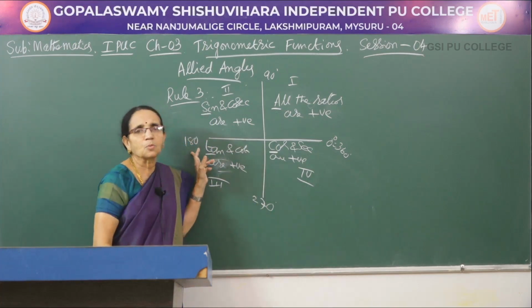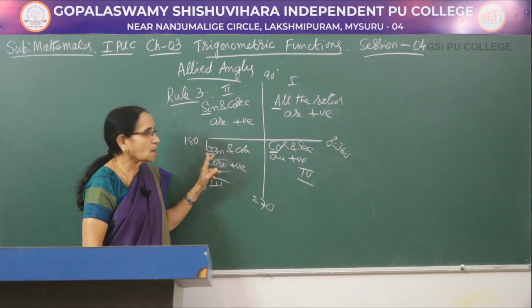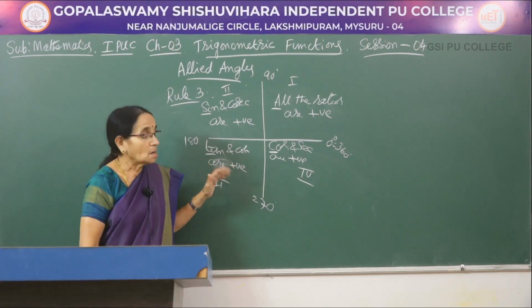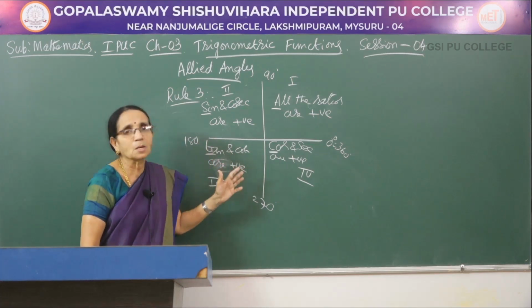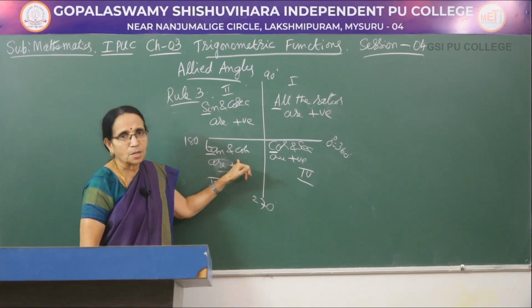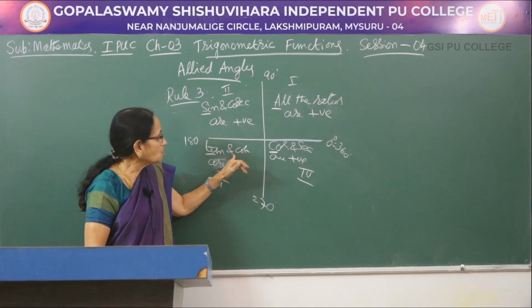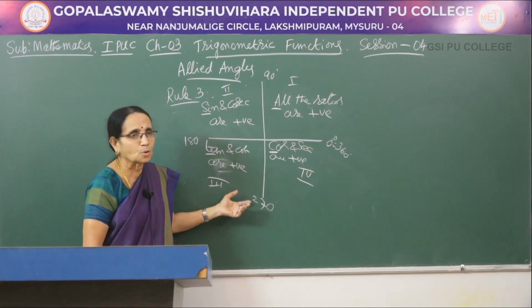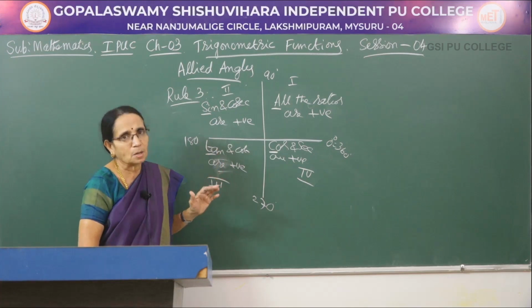If the angle lies between 180 and 270, tan of some angle and cot of some angle would be positive. All the remaining would be negative. Suppose I take sine of 240 degrees or cos of 215, some angle which lies between these two values, it will always be a negative number.